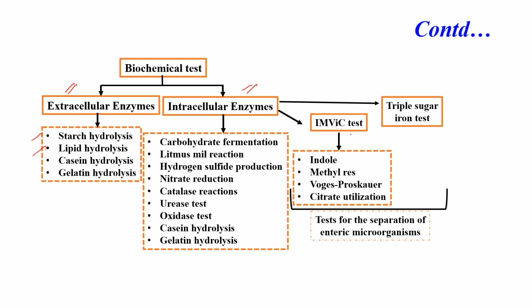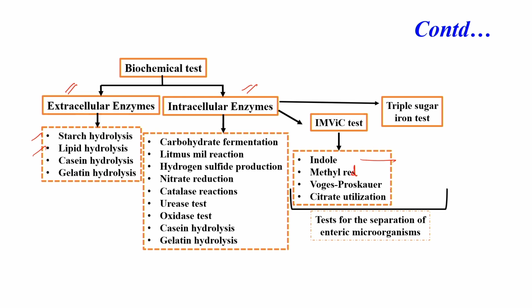IMVC test. I for indole, it detects the ability to break down tryptophan to indole. Second is M for methyl red, this checks the stable acid production from glucose fermentation. V is for Voges-Proskauer test.